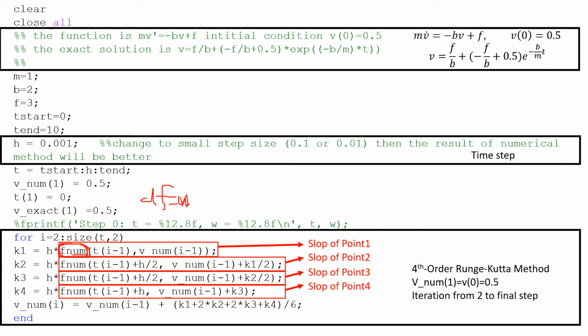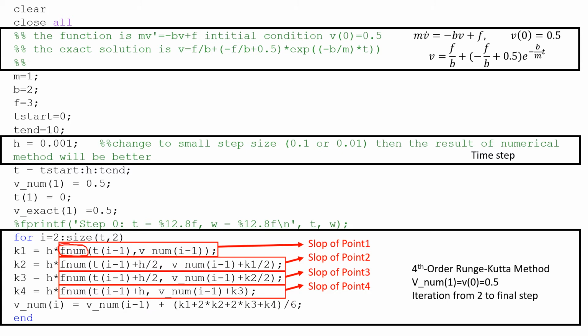It will be more consistent with the previous function, because I used f num. I defined it as a numerical function. I did not say it is a differential function, I did not say it is the slope. So how do I say that? I want to say this function is actually a slope.